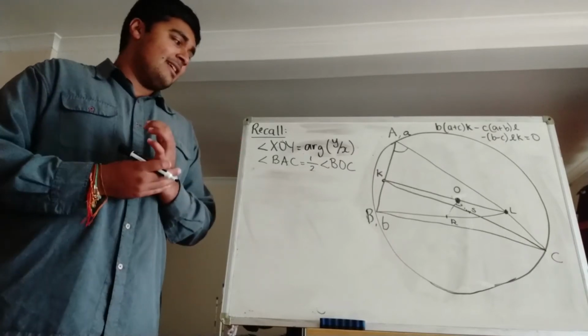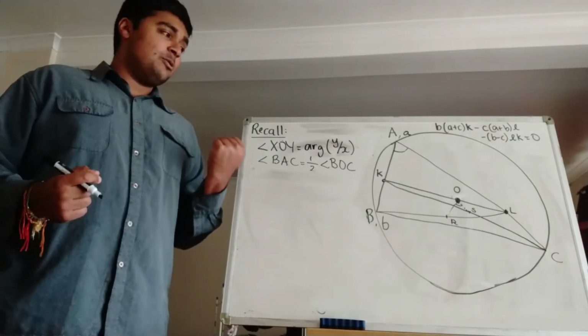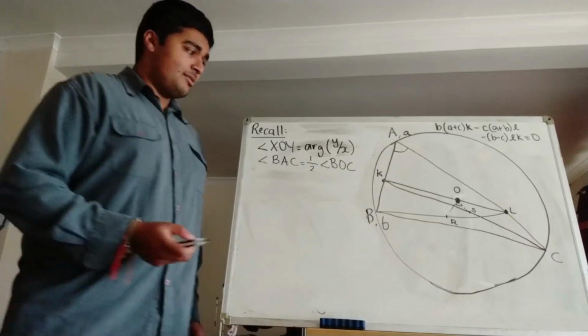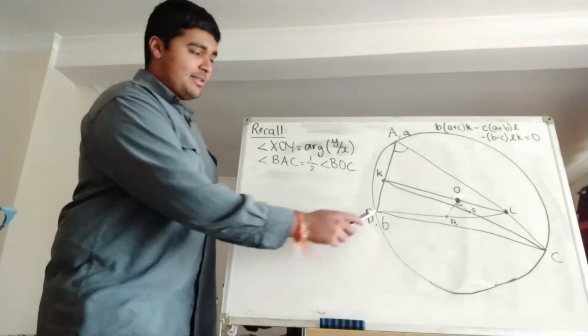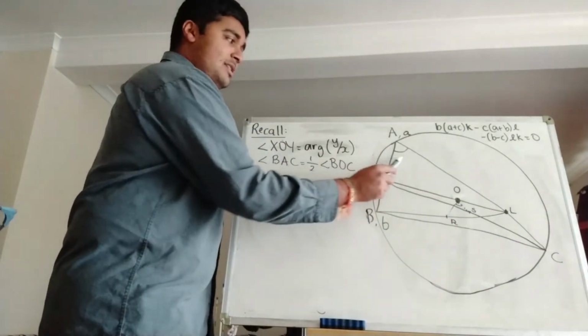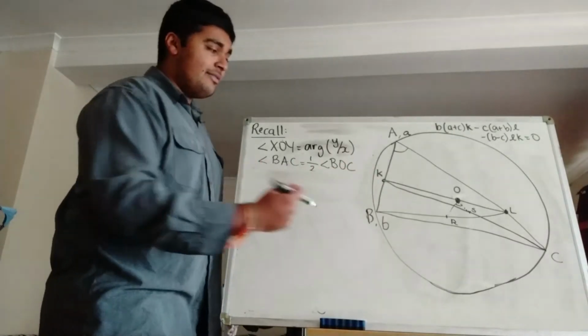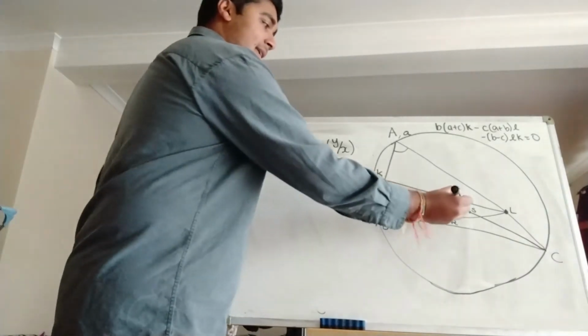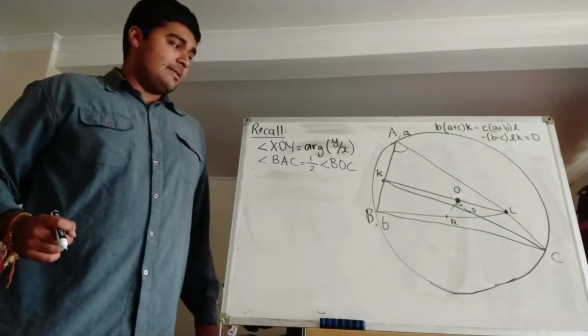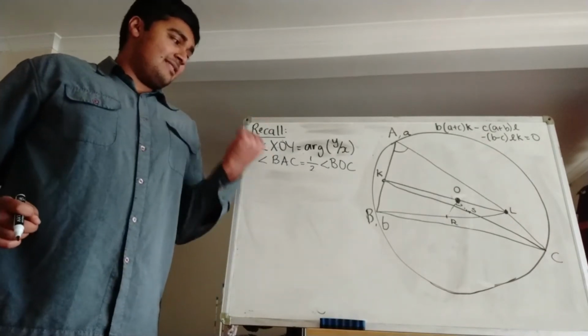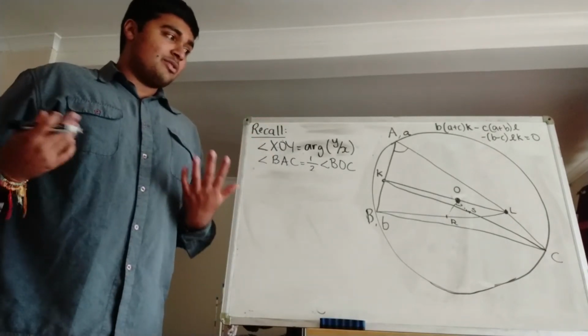And the second guy here, angle BAC equals half angle BOC, just falls from a circle theorem, or is just one of the circle theorems. So this angle here, BAC, which is one of the ones we're interested in, is equal to half angle BOC. So if we go from B to O to C, like so. So those are the two facts we're going to use, and we want to recall what our problem is.